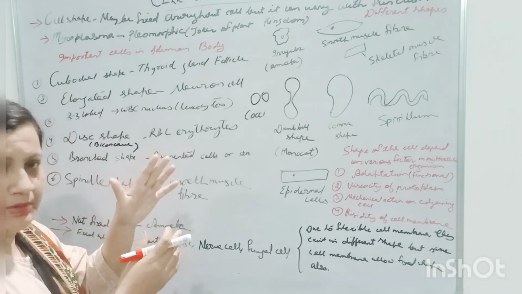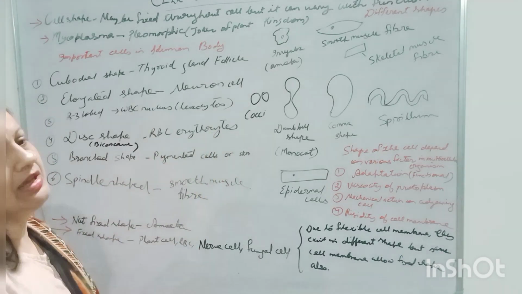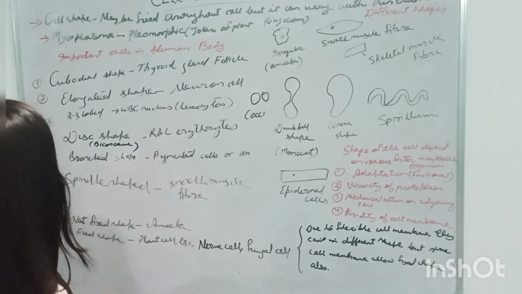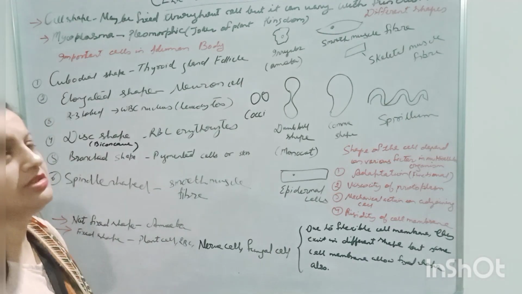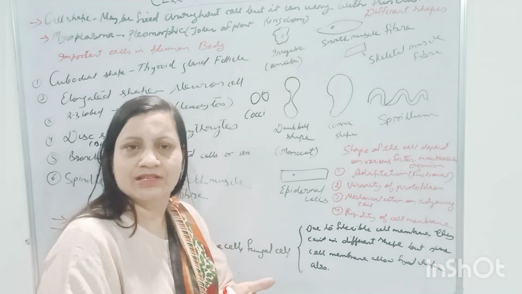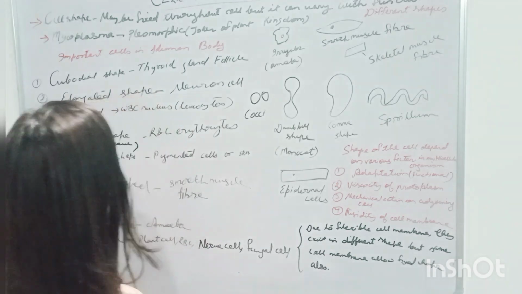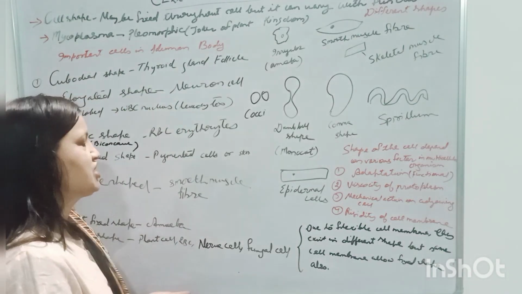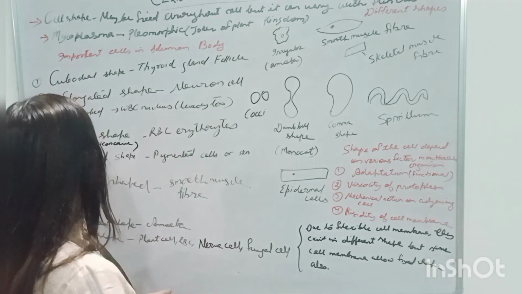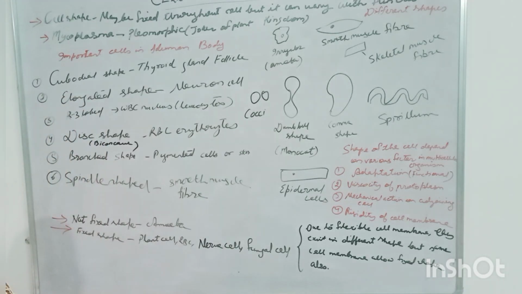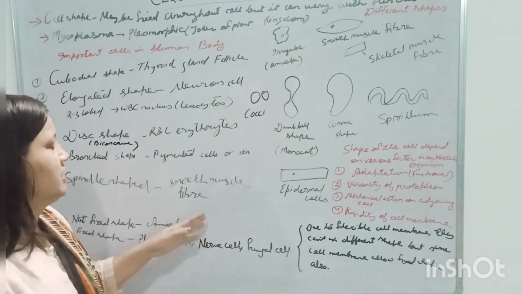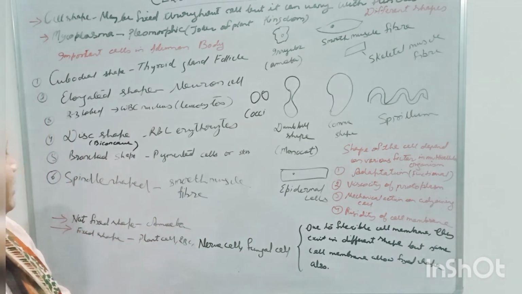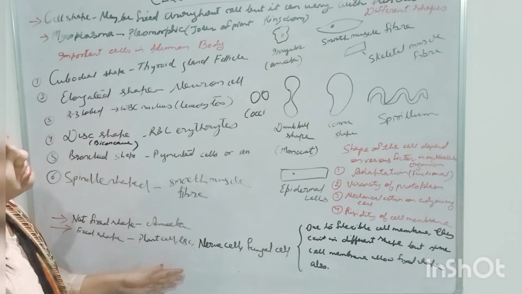So with the concave shape, the flow of blood can take place easily and flexibly. Then branched shape: pigmented cells or skin cells we see in branched form or pigmented form. Then the spindle shape is the smooth muscle fiber. For contraction and relaxation, the muscles are of spindle shape, that is the smooth muscle fiber.